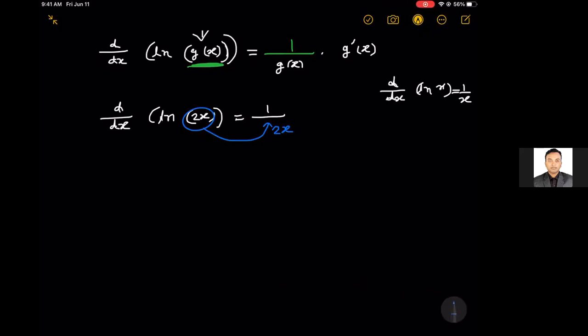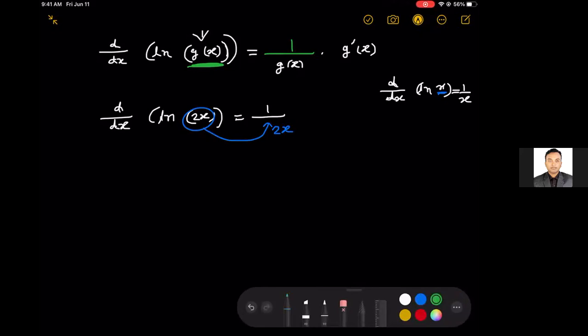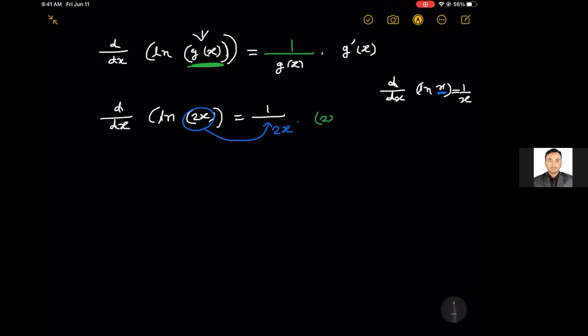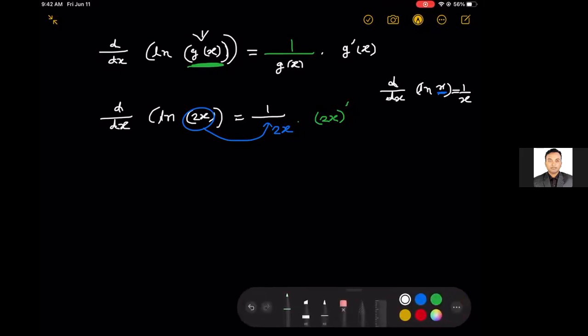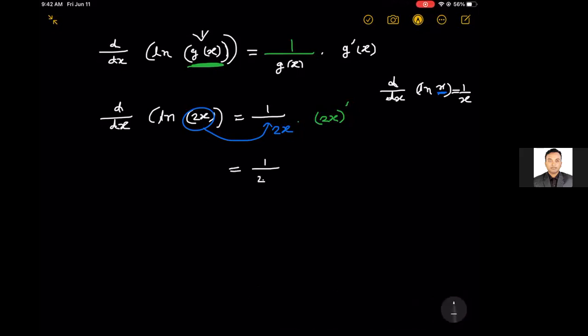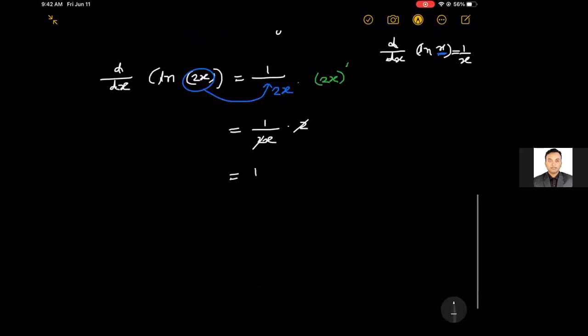But it's not exactly x, which is known to us. It's something else. So whatever it is, we need to multiply by the derivative of that. Do you agree? And what's the derivative of 2x? Anyone? 2. 2, exactly. And you can cancel this, and you can see we get a simplified version of it.